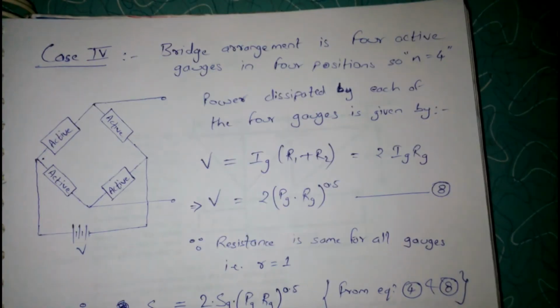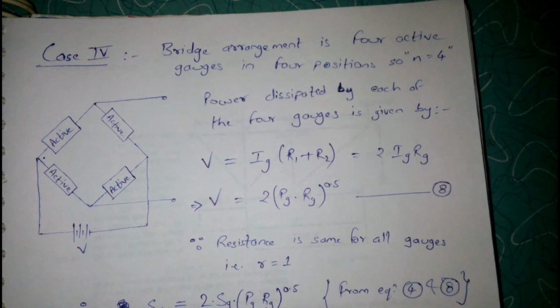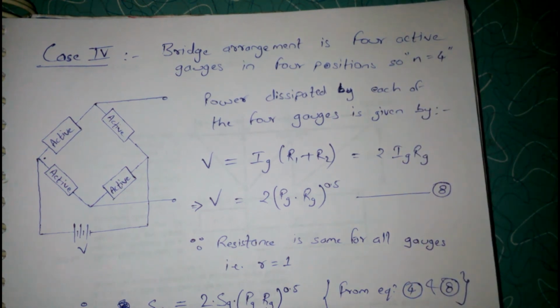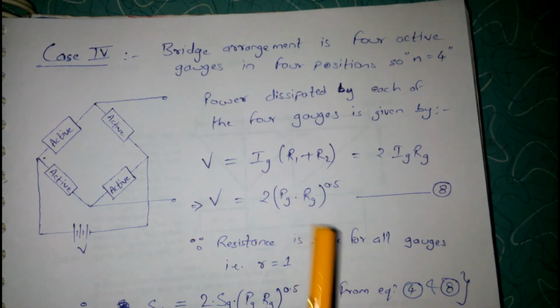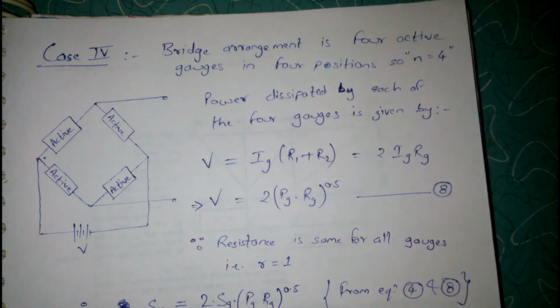Now let's come to the fourth case. The circuit arrangement is something like this. All the resistances are active resistances, so N becomes 4, and the power dissipated by each of the 4 gauges is given by this equation. Since R1 and R2 are equal, it becomes 2 times IG into RG, and V equals 2 times the square root of PG into RG.